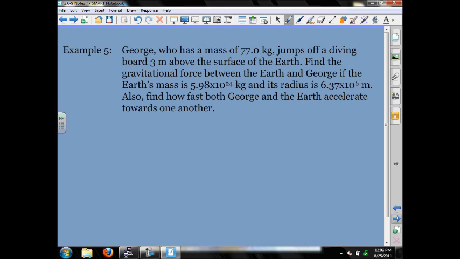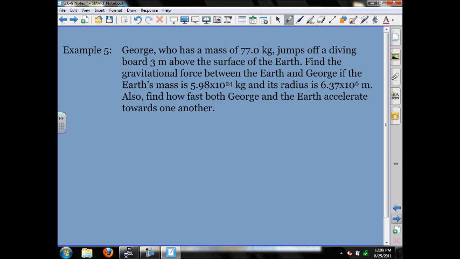So example 5, again this problem is on your handout, so you don't need to copy the problem down. Get that out and then in your notes, write example 5 for all the work. It says, George, who has a mass of 77 kilograms, jumps off the diving board 3 meters above the surface of the Earth.